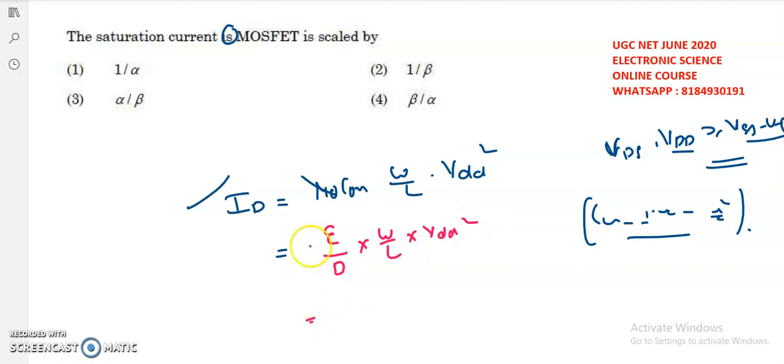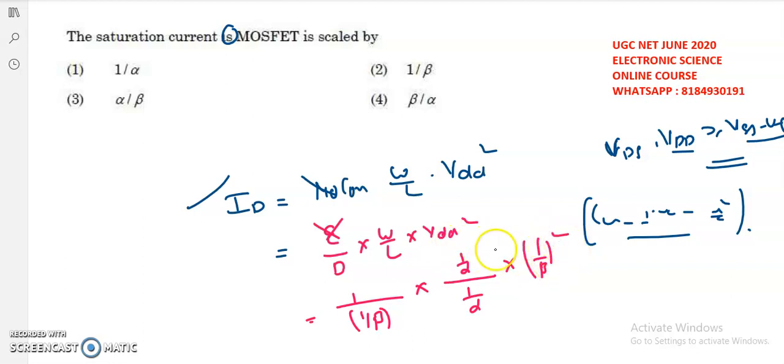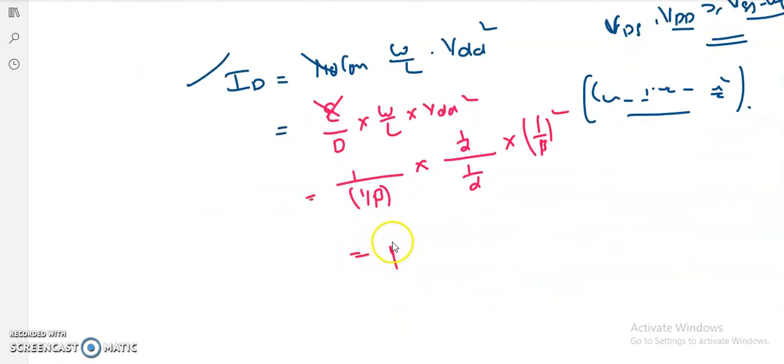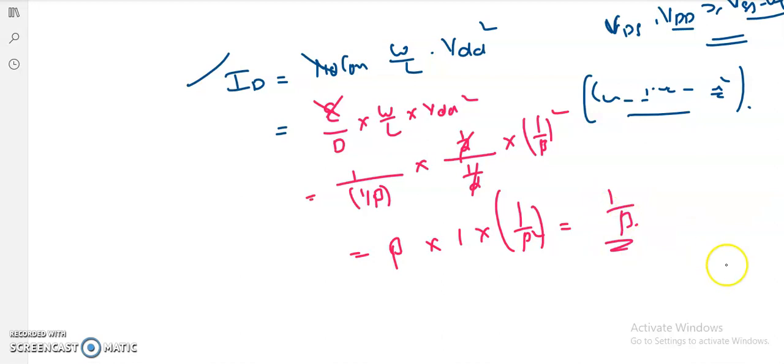Epsilon is a constant, so just leave that one, and 1 divided by D, that means thickness of the silicon dioxide, is scaled by 1 by beta, and width is scaled by 1 by alpha, length is also scaled by 1 by alpha, and VDD is the power supply, so we scale it by 1 divided by beta square. If we simplify this, beta into beta cancels, and 1 divided by beta square remains, that becomes 1 divided by beta.